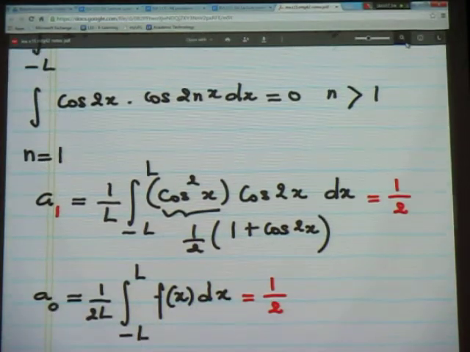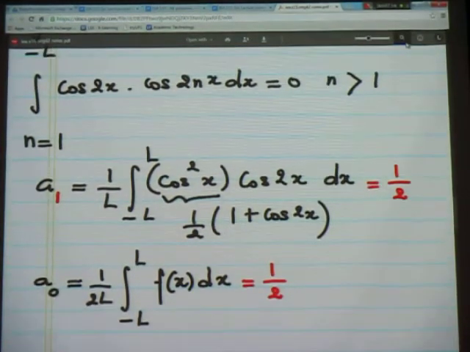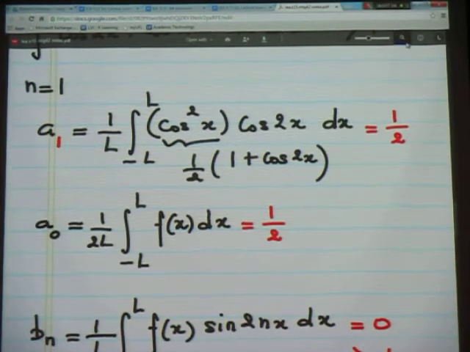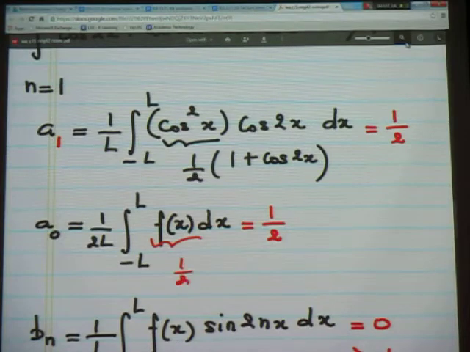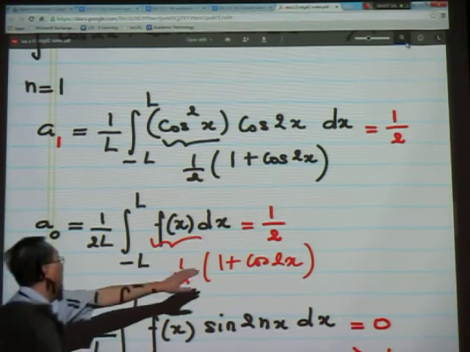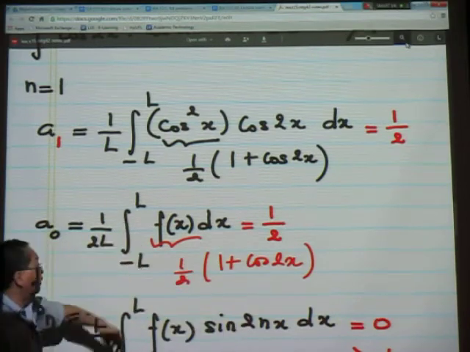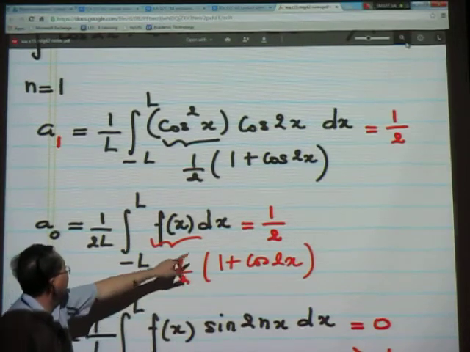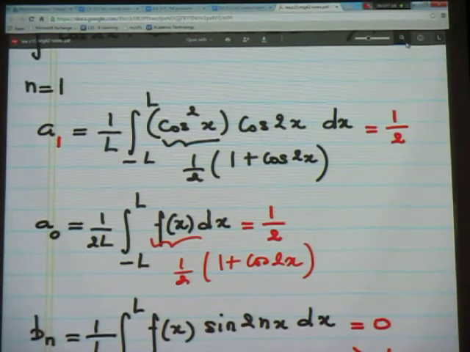And so A0 is simply replacing cosine square by 1/2 of 1 plus cosine of 2x. Right? And then from there, the integral of cosine will be 0 over the period. And so what's left is you have the coefficient 1/2 there.